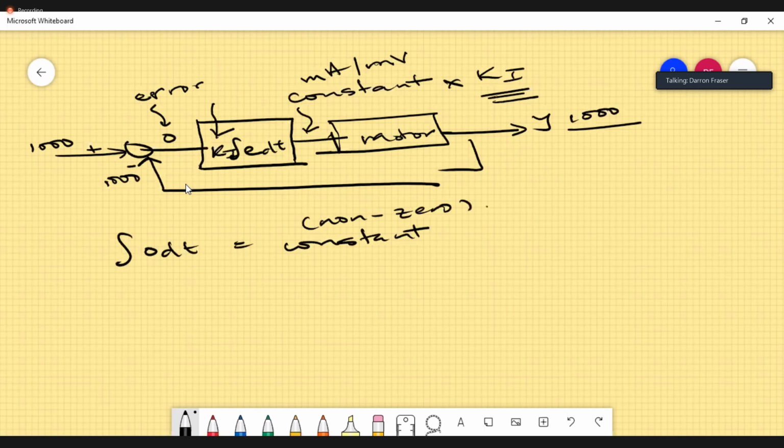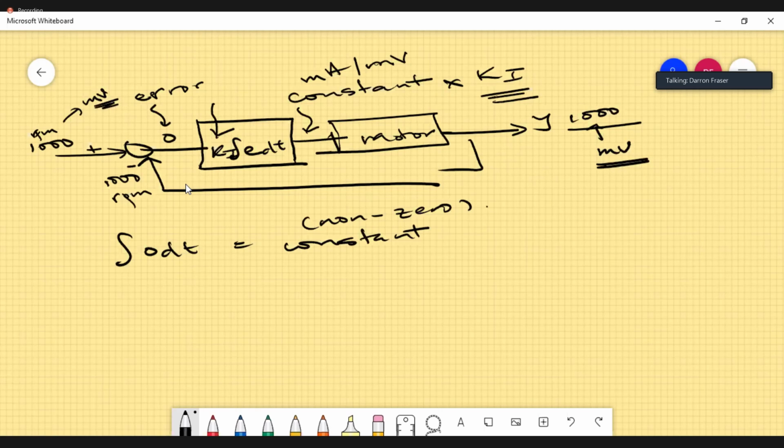If this is 1,000 RPM, the system is going to take the RPM and, through some electronic conversion, convert it to something of the order of millivolts.